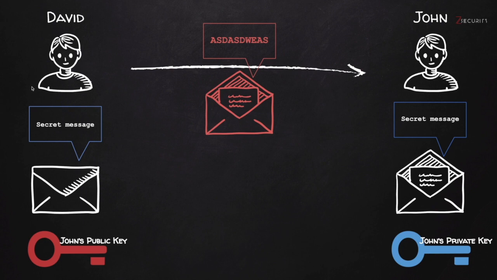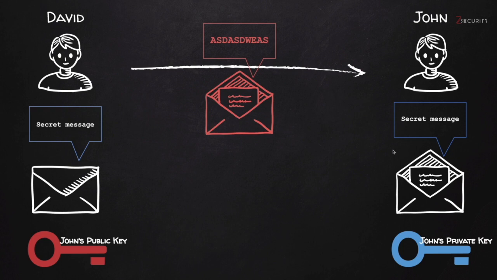Not only that, but when David encrypts something with John's public key, he can rest assured that nobody can decrypt this message except for John, because John is the only one that has the private key, and his private key should never be shared if John knows what he's doing, because there is no point in sharing it. Even if he wants 100 people to send him messages, all he has to do is share his public key and not his private key.